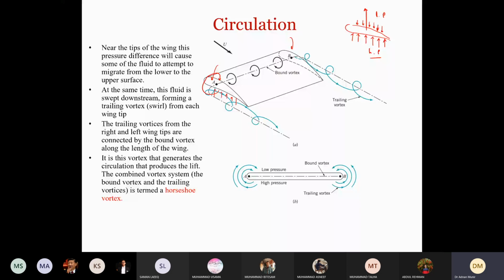So we will have migration of fluid particles from bottom surface to top surface at the tip like this, right? And similarly we will have these tip vortices over here also. These tip vortices will also combine with the incoming flow that is flowing past the wing, right?